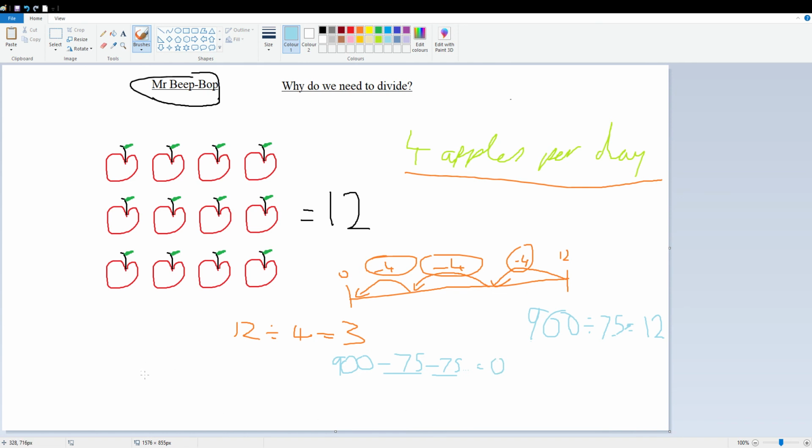Or we could do what I was taught as being called the bus stop method, where we put the 900 in here, we have 75, and we're going to end up with 12. Now we'll go over this method here in a later video, but for now I think we've pretty much covered this idea of why do we need to divide. So I'm quite happy to leave it there.